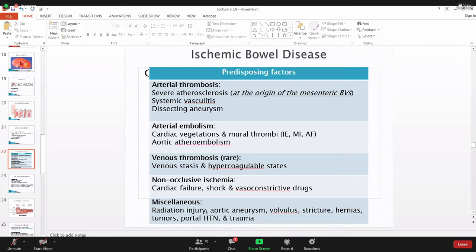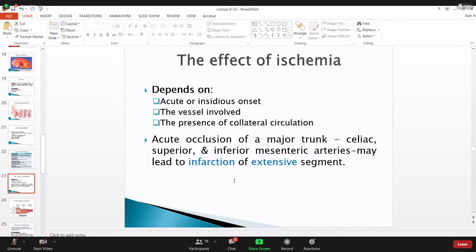Miscellaneous conditions like radiation, aortic aneurysm, valvular restriction and trauma. We also said that hernias and volvulus can cause severe ischemia and infarction, and intussusception as well. The effects of ischemia depend first on the onset, the progression or development of the ischemia, acute or chronic, and acute is always more severe.